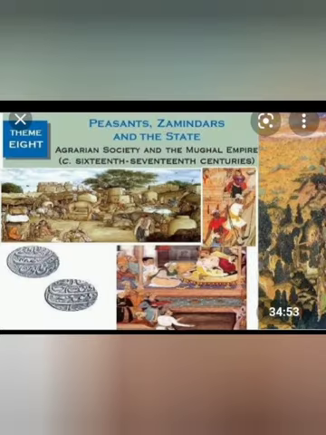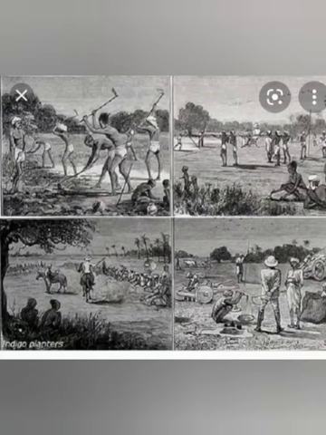Hello students, our today's topic will be Theme 8, Peasants, Zamindars and the State, Agrarian Society and the Mughal Empire, 16th to 17th century. About 85% of the population in India lived in villages.